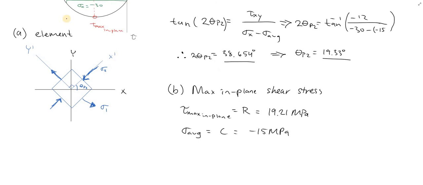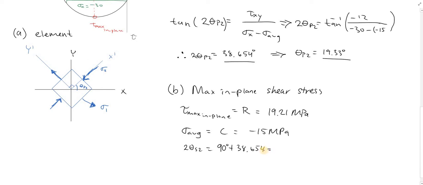So our 2 theta S2 is simply just our 90 degrees plus the 38.654. Right?